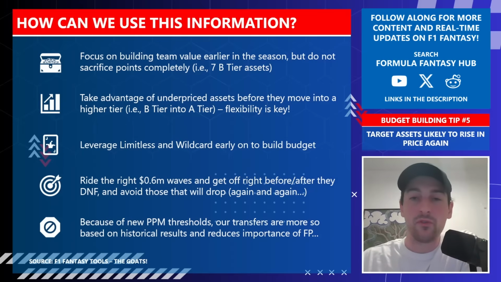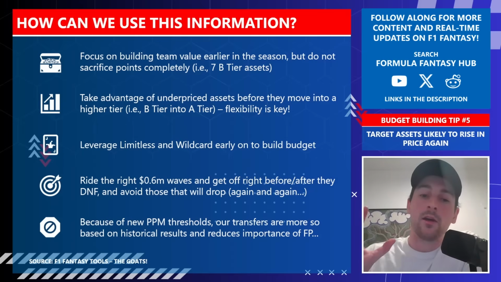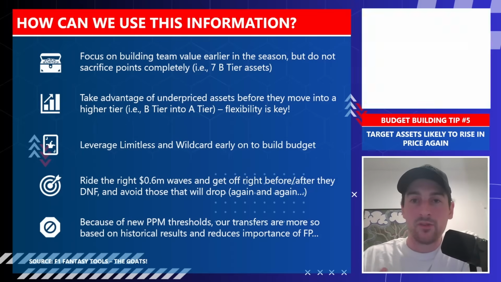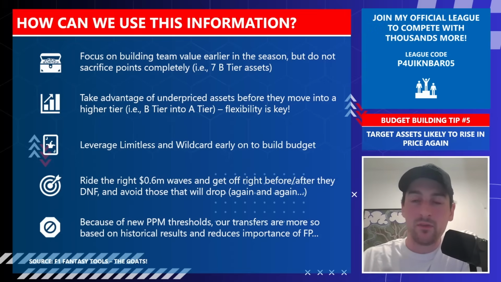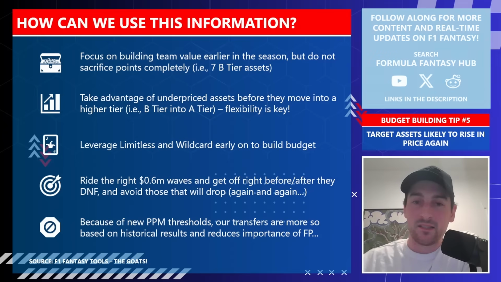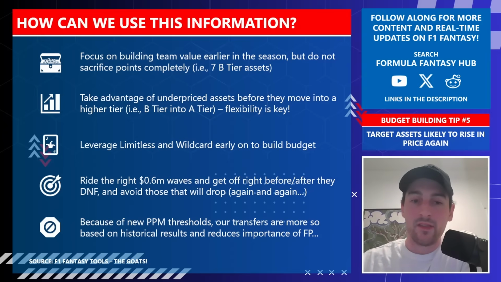Now, in terms of timing things correctly, riding the right $0.6 million waves for those in the B tier, because they're obviously going to gain more budget, will enable you to pivot between other B tier assets that are going to have greater upside than those A tier assets, and try and get off before.